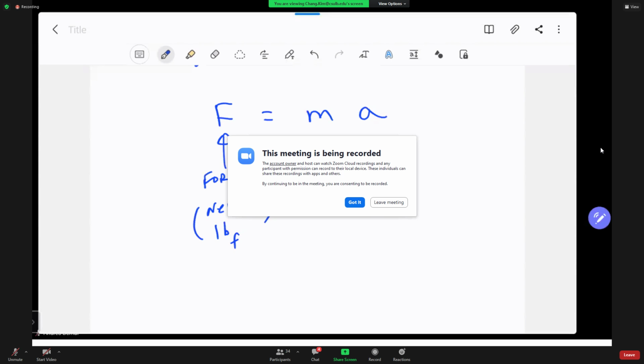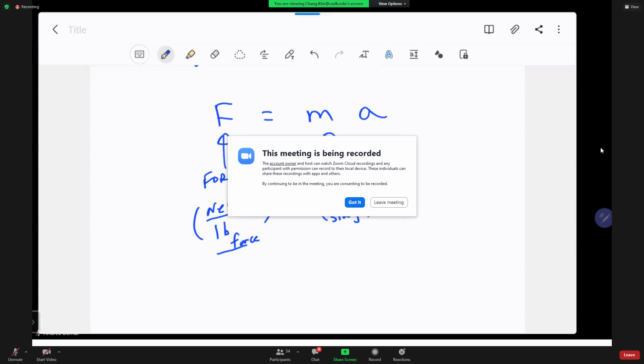Okay, so this is a Newton, and this is pound force. Mass is what? Kilograms. Generally, we use kilograms; grams or anything is okay. And in U.S. customary, we call it a slug.